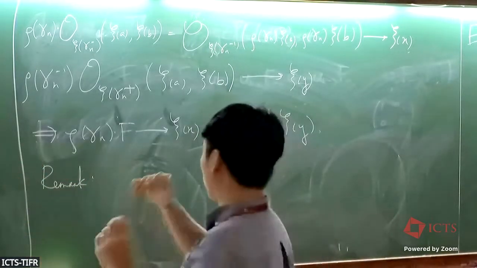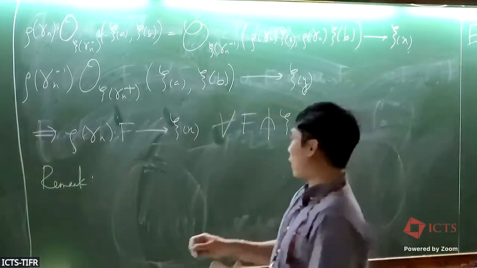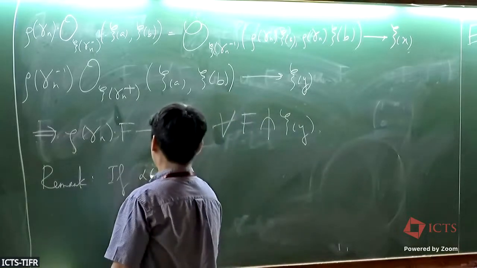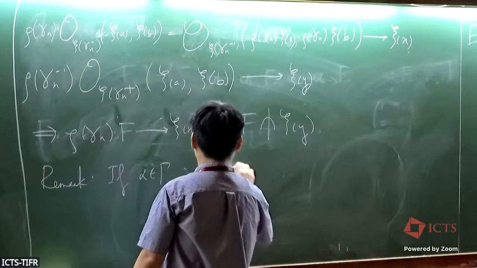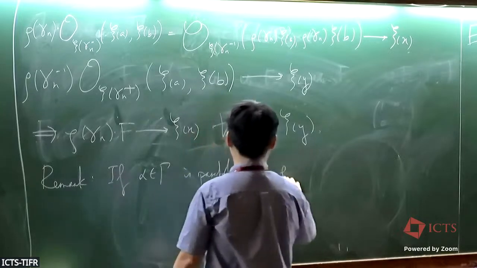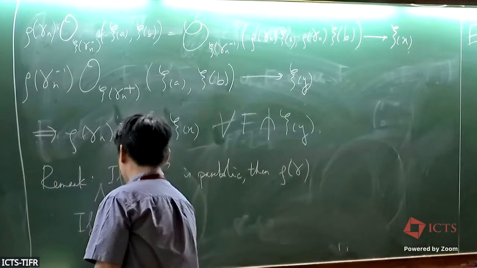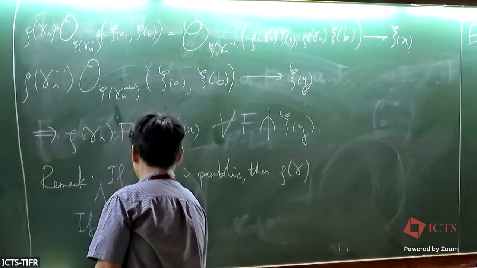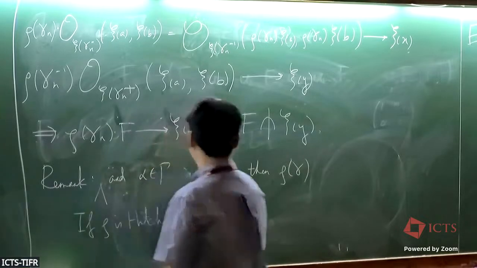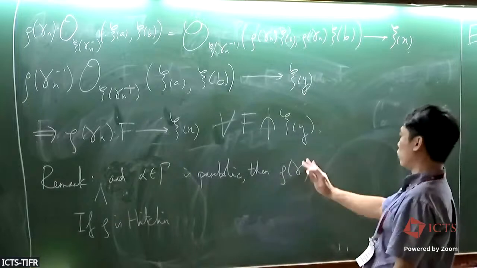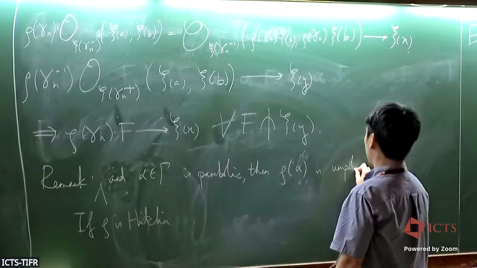But in fact, using the positivity, you can prove that if rho is Hitchin and alpha in gamma is parabolic, then rho of alpha is unipotent with one Jordan block.